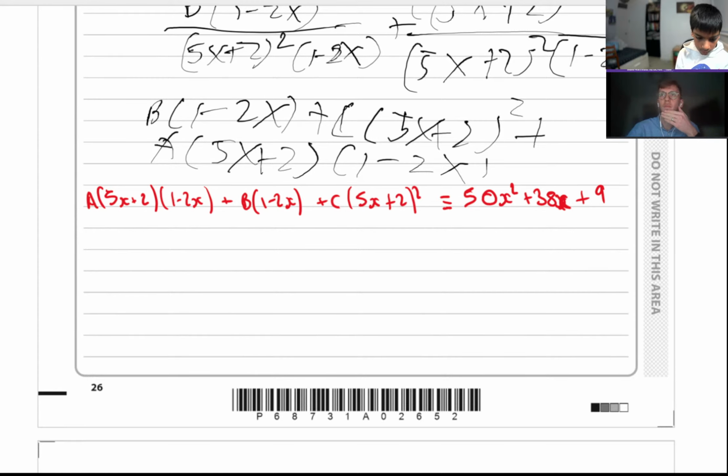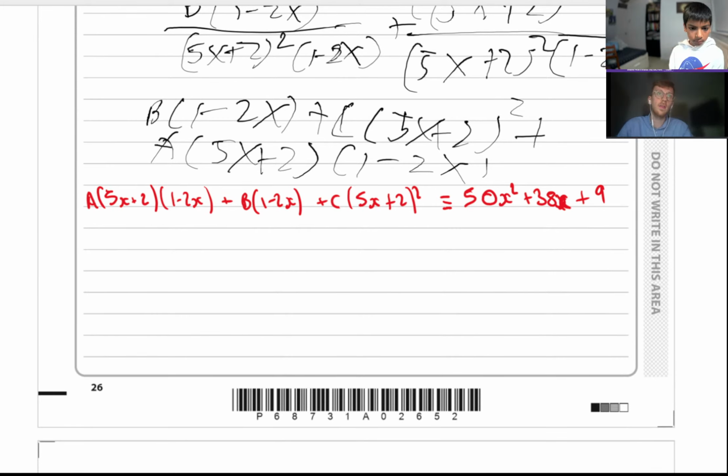There we go. So then we can sub in x is minus 2/5. Actually, I'll make both C and A go to 0, so it's only B. Good strategy.